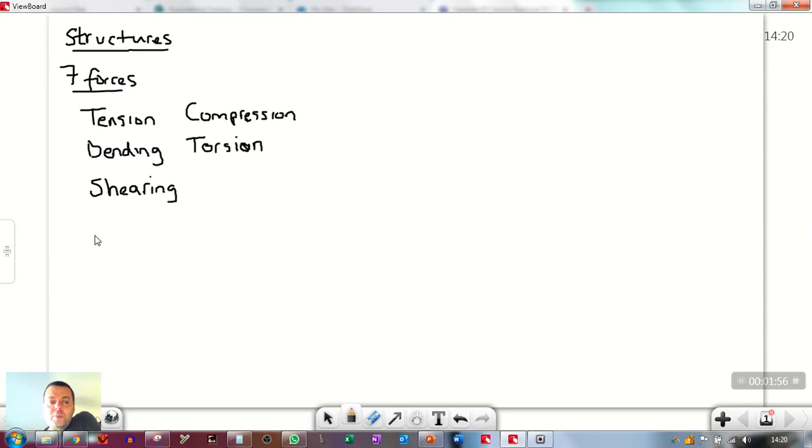There's another two forces that we use, but these are kind of descriptive: static forces and dynamic forces. Static forces describe a system where forces are acting on something, but the thing isn't moving. And that's entirely possible.